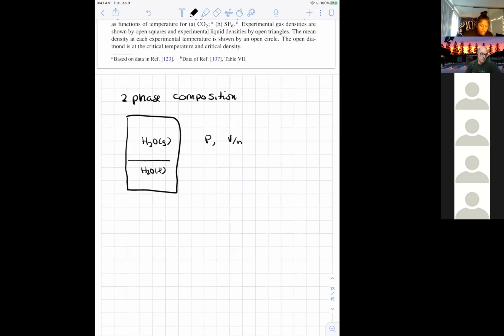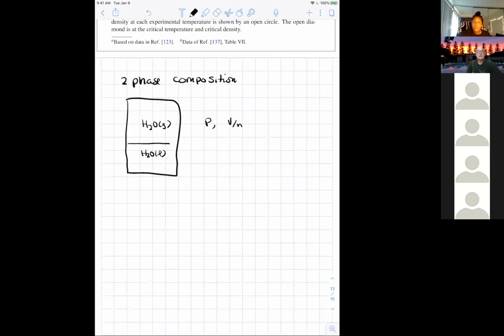If we look at a pressure versus a volume or molar volume system, then what we can do is add or remove heat.